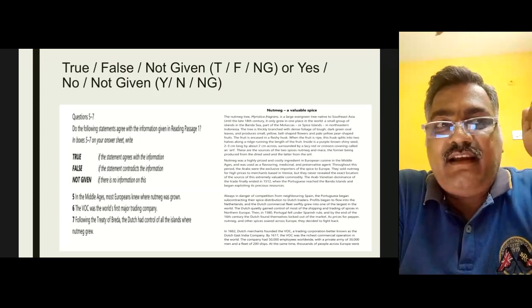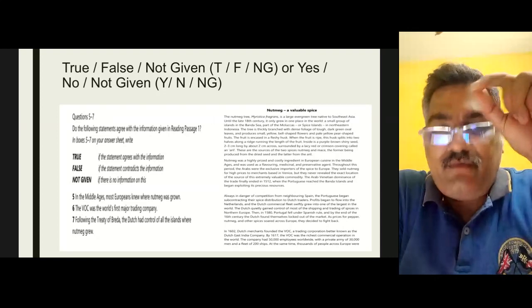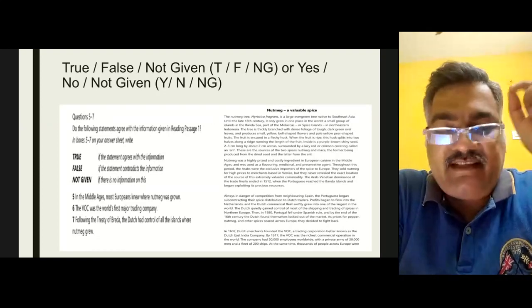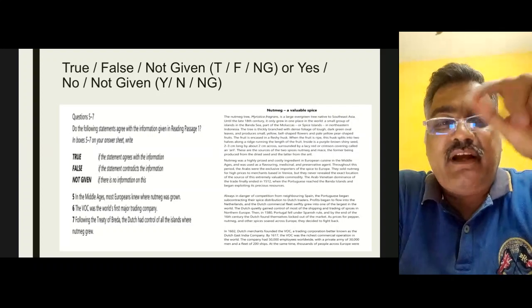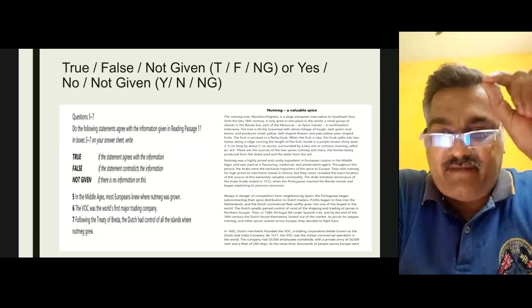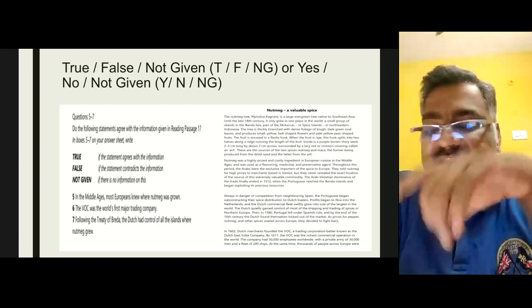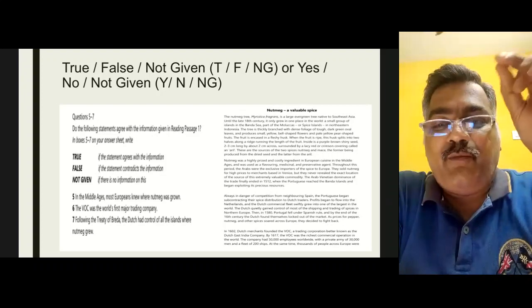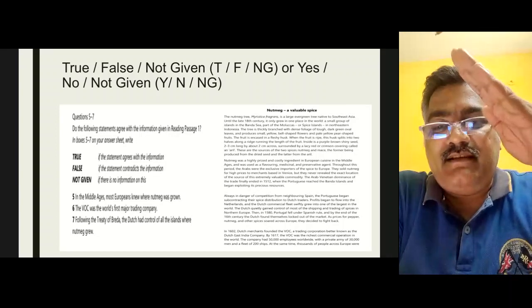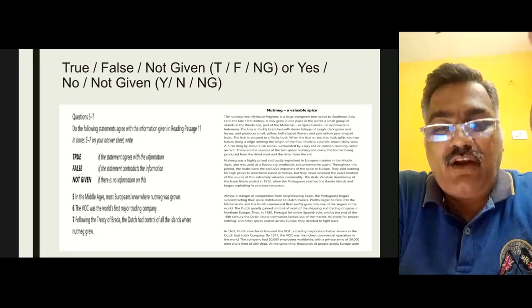Then if in the passage it says the ink in the pen is blue, but in the statement they give it's a ballpoint pen, whereas in the passage it's never given as a ballpoint or an ink pen. In those cases the answer would be not given.